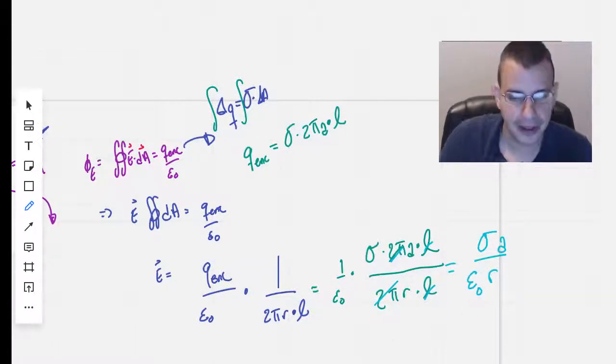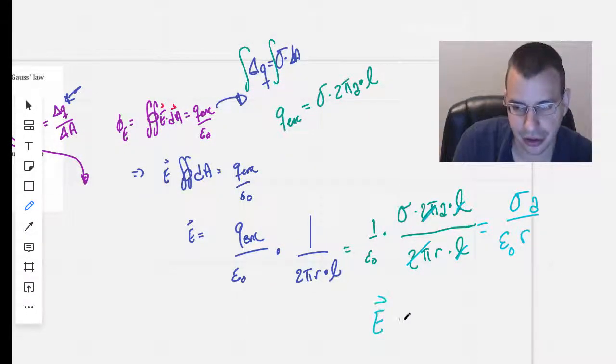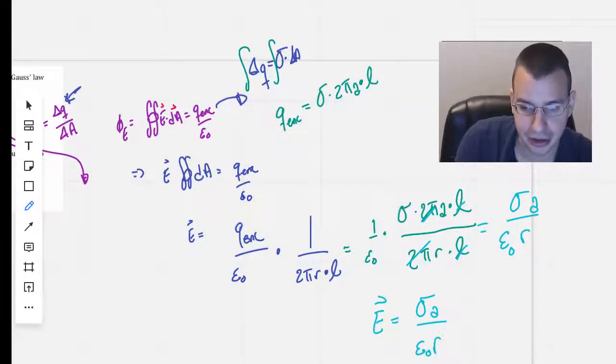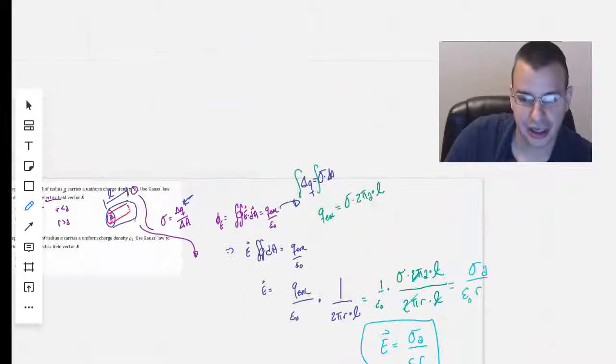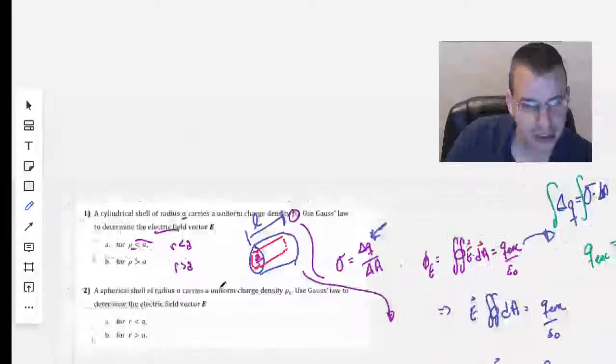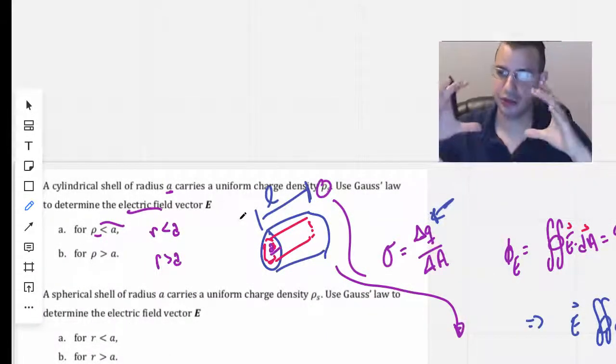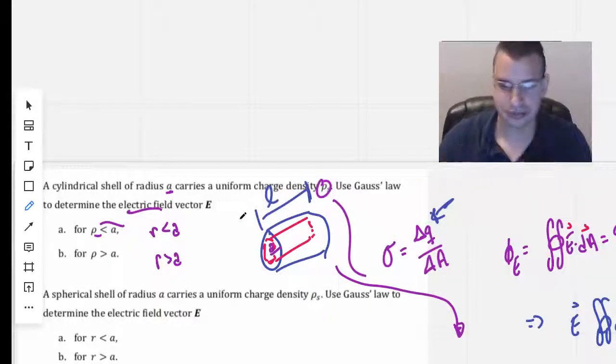Okay, so this is the electric field for Q enclosed with a cylinder over cylinder, but I made a mistake here. So what I said was we had some Q enclosed. The problem is this cylindrical shell of radius A, the uniform charge is on the outside of our inner radius.